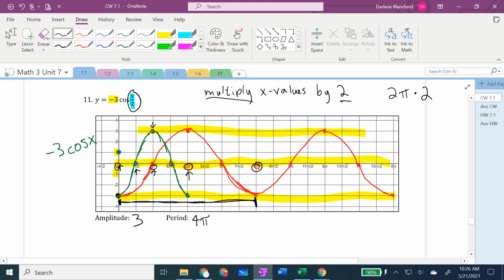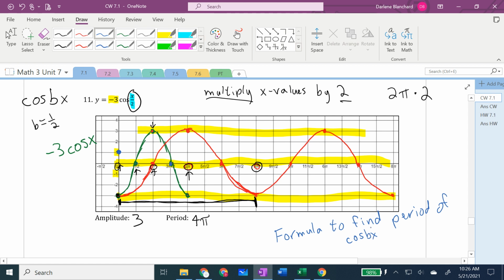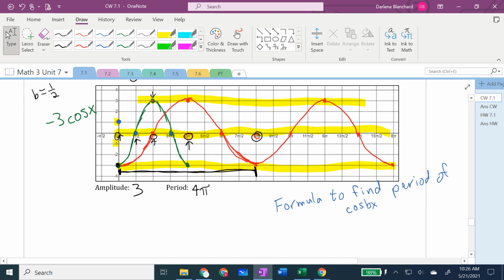Now, officially, the formula is that you have cosine of b times x. For this problem, our b is equal to 1/2. If b is multiplying by x, that's going to take a normal cycle length. So this is a formula to find the period of cosine of some b times x.